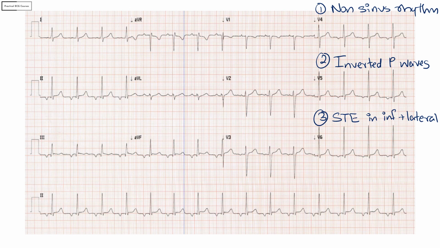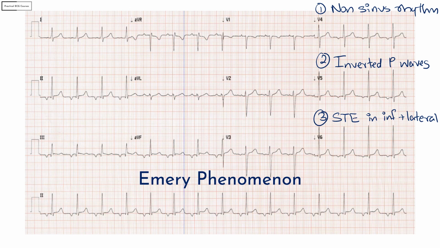Now, why is there an ST elevation in the inferior and the lateral leads? Is there an ischemia? Actually, there is no ischemia on this ECG. So when you have an inverted P wave, it can cause the ST to elevate. This is referred to as the Emery phenomenon. The concept behind this is actually simple, but it involves some stuff which most ED clinicians are not familiar with and will take another 10 minutes to explain.